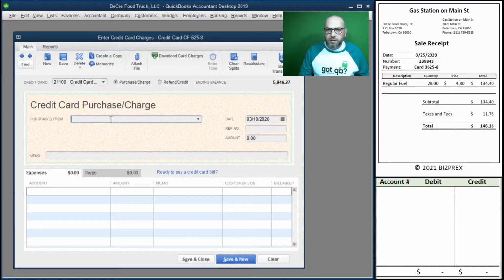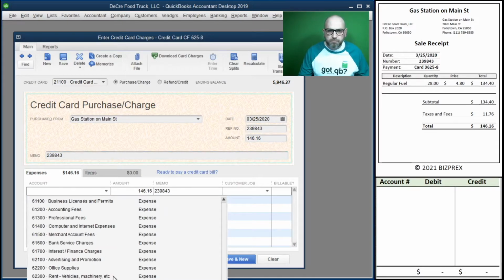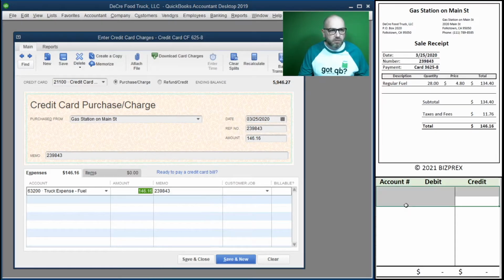Again, we got another gasoline receipt. Similar to the other one, but let's make sure we reinforce our knowledge and understanding.